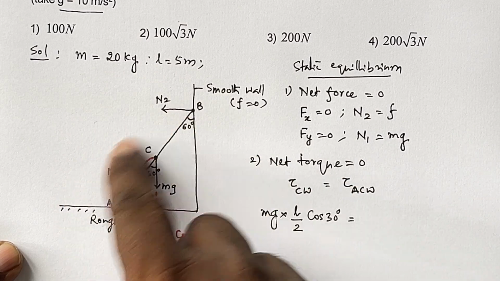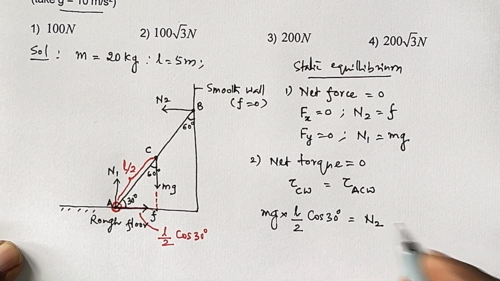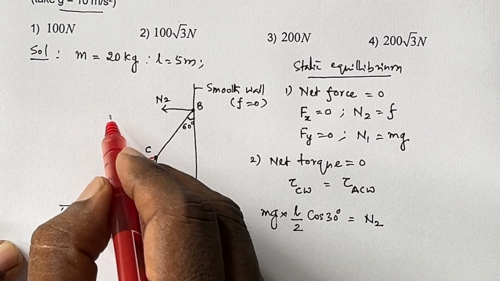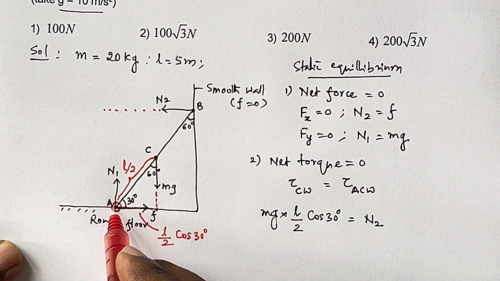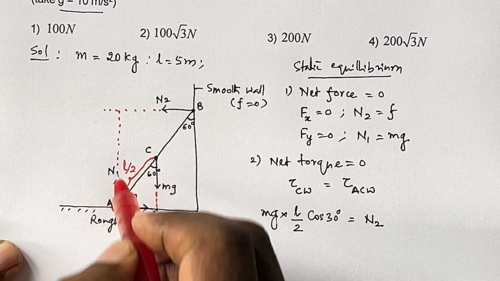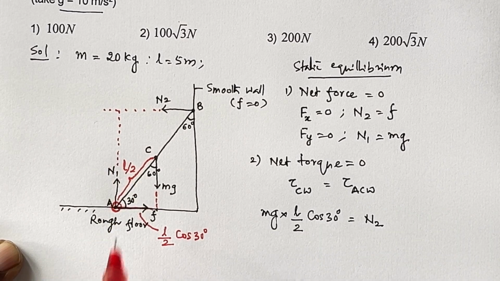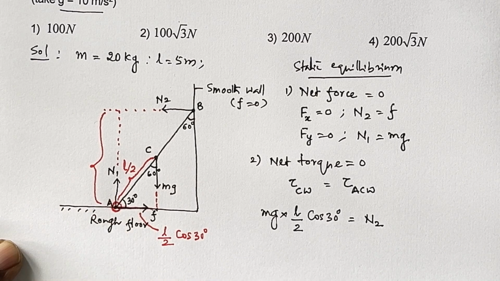N2, like this. So this is the direction of N2, and this is the axis of rotation. From N2 to the axis of rotation, we need the perpendicular distance, from A to this point. What is this one?